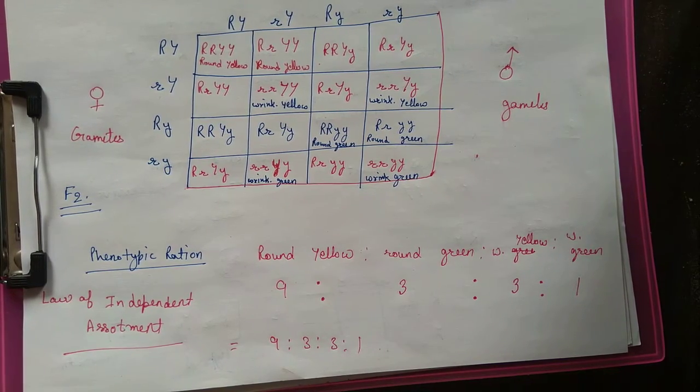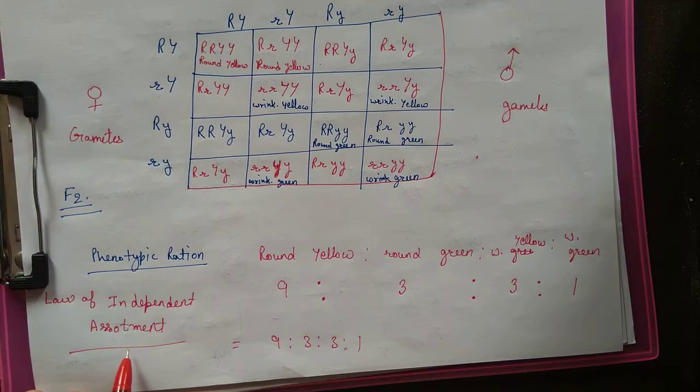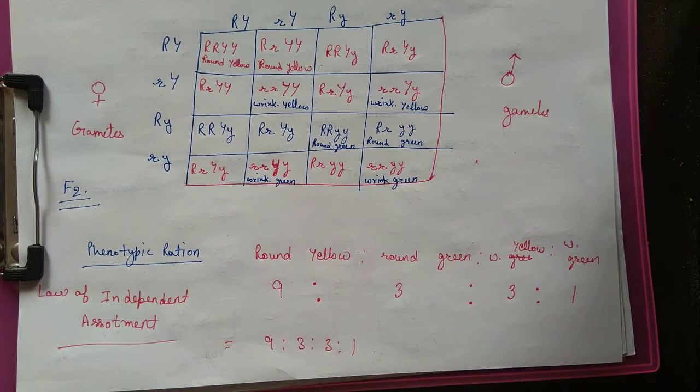Mendel proposed the law of independent assortment, meaning when we take two characters each time, both are independent in expressing their characters. They do not depend on each other. So this is all about the dihybrid cross.